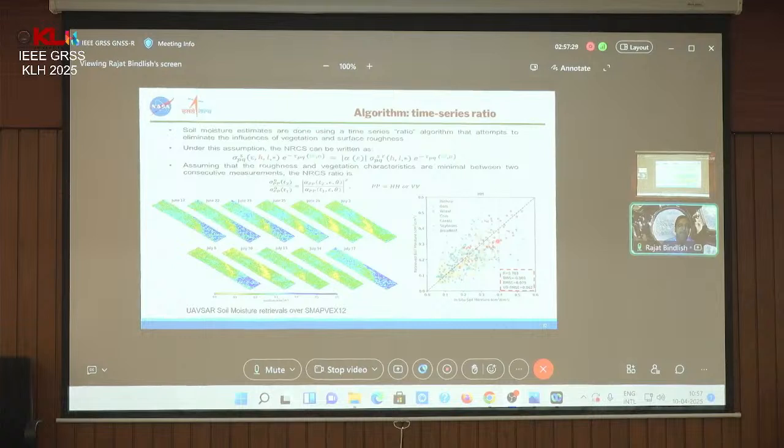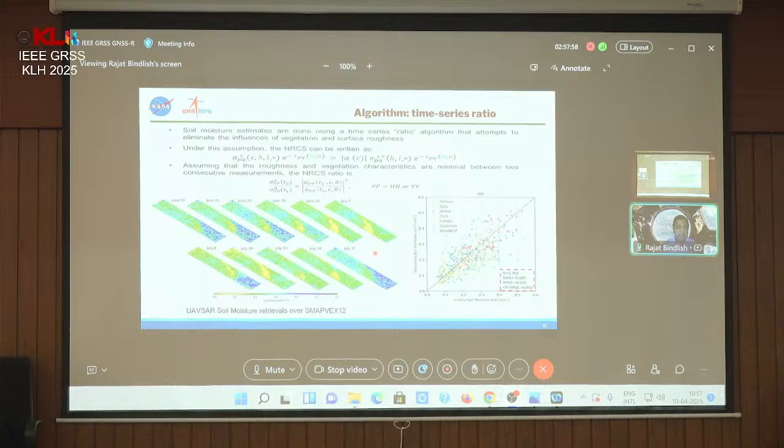So they simulated 20 megahertz as well as 5 megahertz, because HV is 5 megahertz, HH is 20 megahertz, and that is also available at ASF, and that's what was used for doing these runs, because you wanted to use the UAVSAR data that was simulated using NISAR specifications.